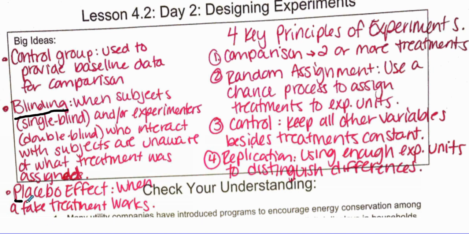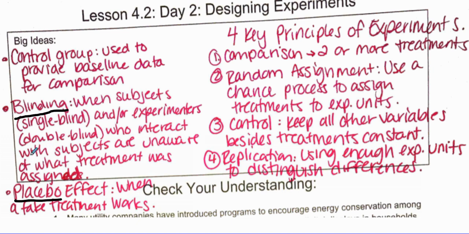This is what's known as a placebo. The people think that they're getting some sort of control or some sort of treatment, but in fact they are not. They're receiving a placebo, and so you are determining through this blinded experiment whether the treatment actually does have an effect, or is it just what is known as the placebo effect, when the fake treatment actually does work.